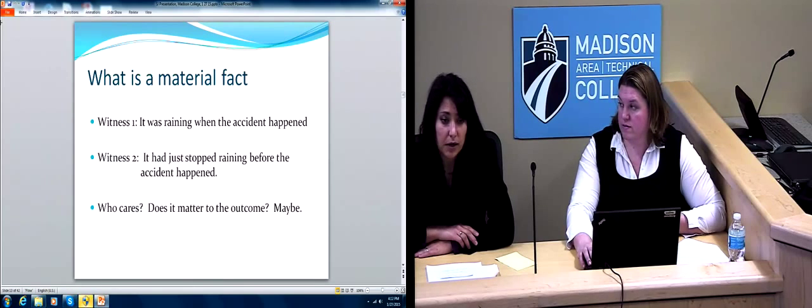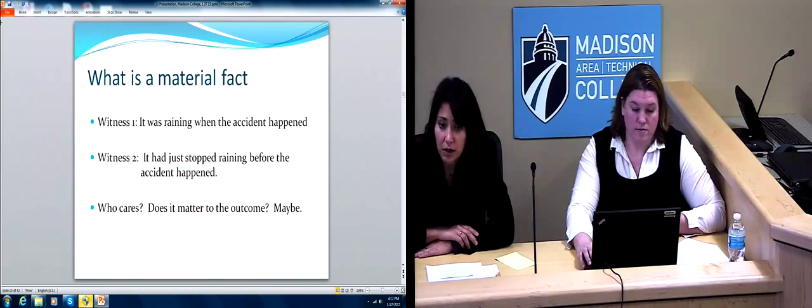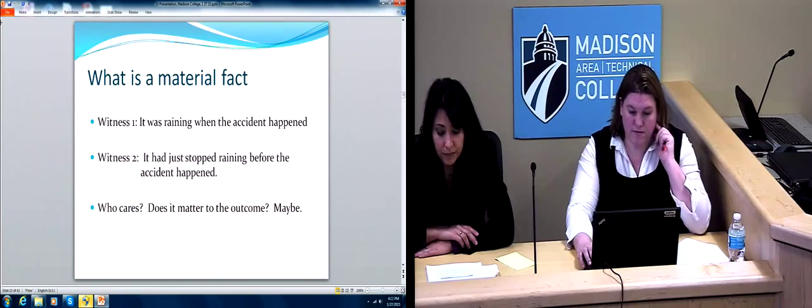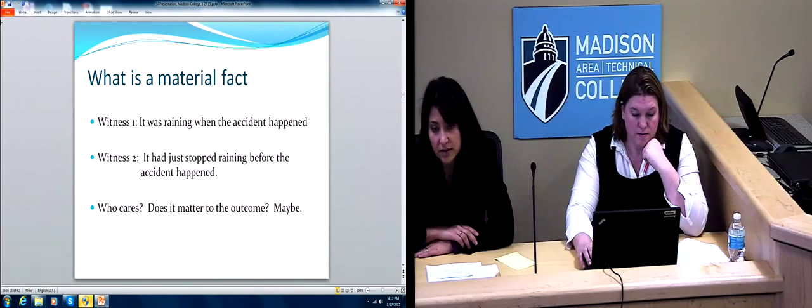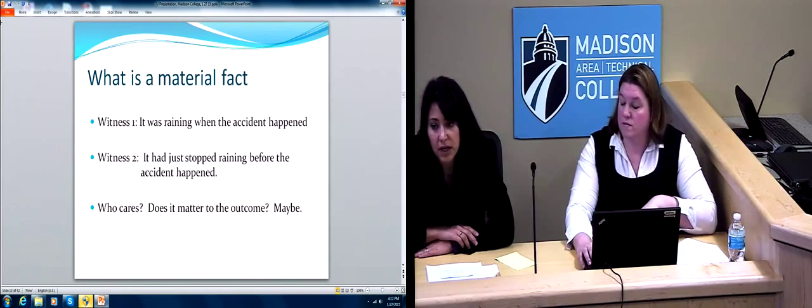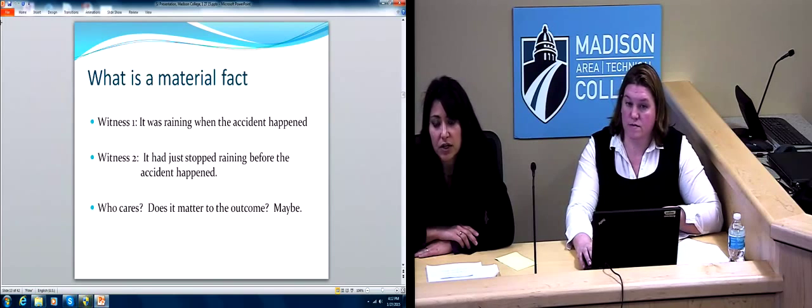Does it really matter? Maybe it doesn't matter at all, though. So one thing that the lawyer has to do, and the paralegal too, is be thinking about the facts in terms of, do they really matter to the outcome? Because on a close case, somebody who can really understand what's a material fact and what's not a material fact, that can make the difference in a summary judgment motion.